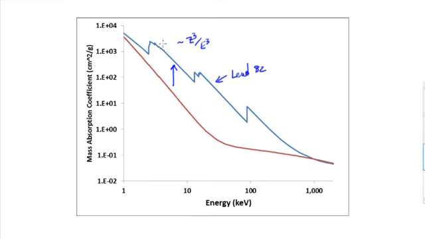And then the other feature you'll see on here are these edges right here. These are the atomic energy levels, and this is the K shell, the L shell, and the M shell. You see there's some structure in here because there are multiple levels.